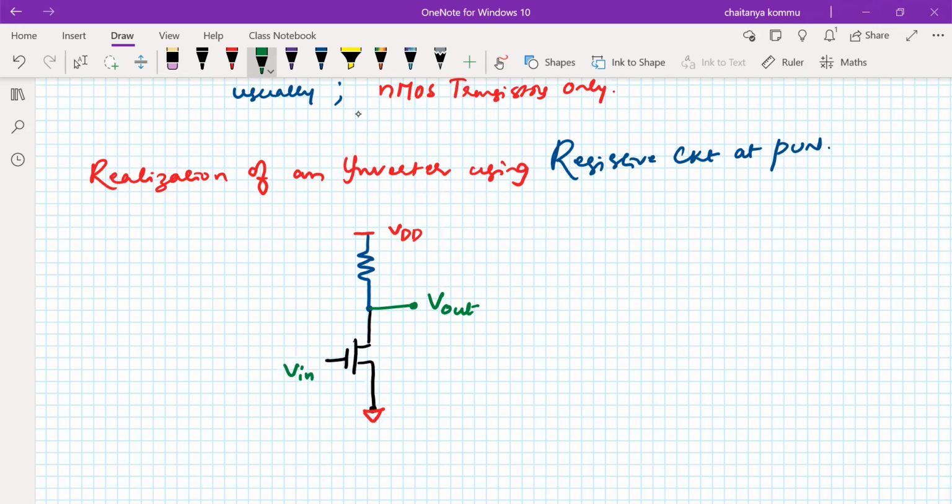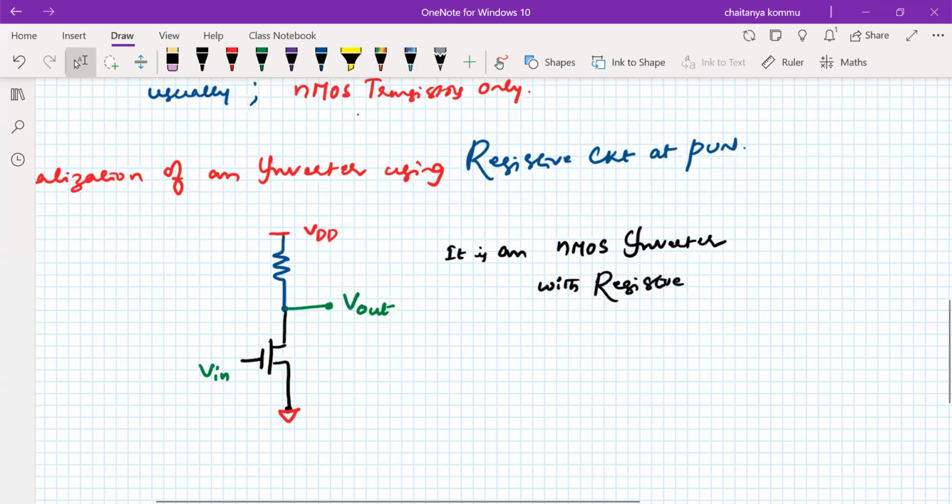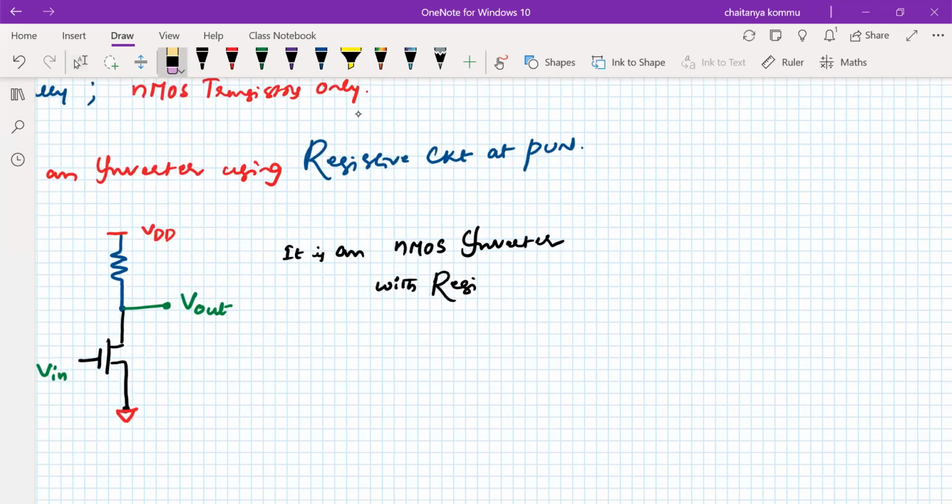So we can call it an NMOS inverter with resistive pull-up, or resistive load, whatever it may be, it doesn't matter.